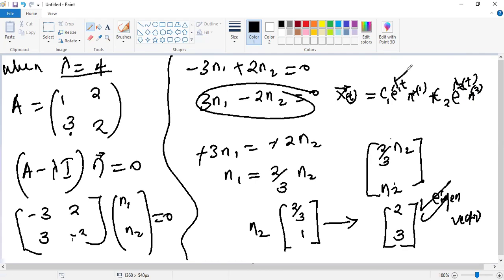So we have our lambda values, one is 4 and the other one is -1, and then we have our N1 and N2, because we have the eigenvector for when lambda is -1, and we have the eigenvector for when lambda is 4.